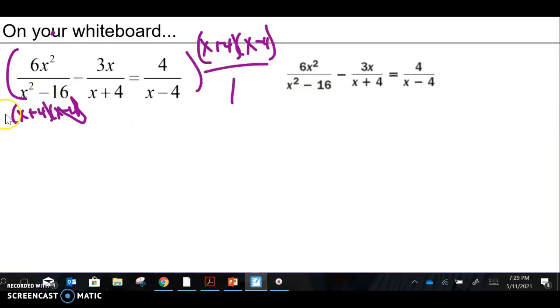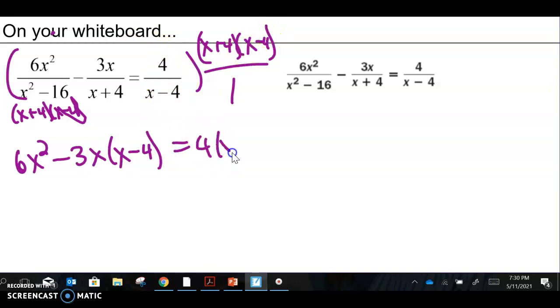When I do that, this whole denominator gets wiped out. This is x plus 4 times x minus 4, so I just have a 6x squared. Here, just the x plus 4 gets canceled. I'm going to take 3x times x minus 4. And here, just the x minus 4's cancel, so I'm going to end up taking the 4 times the x plus 4.